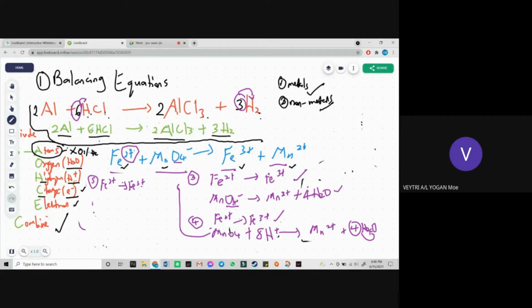Next, how do you balance charge? Sini 2+, sini 3+. Basically ini ada positive 2, sini ada positive 3. Macam mana positive 3 nak kurang kepada positive 2? Basically tambah negative 1 kan? Logic maths, that's simple maths. So how do you tambah it in chemistry?